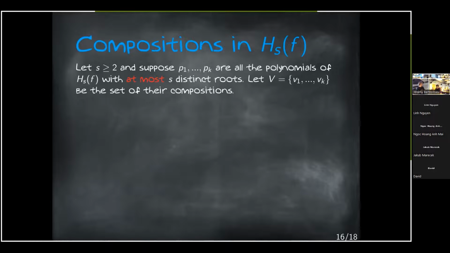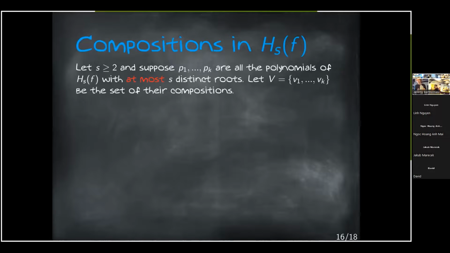We're going to introduce an algorithm here, which does pretty much the same thing for our star polytopes. So we know the extremal points have at most S distinct roots. So suppose you start off with P1 to Pk, let them be all the polynomials with at most S distinct roots, and you take the corresponding compositions, V1 to Vk, and put them in a set.